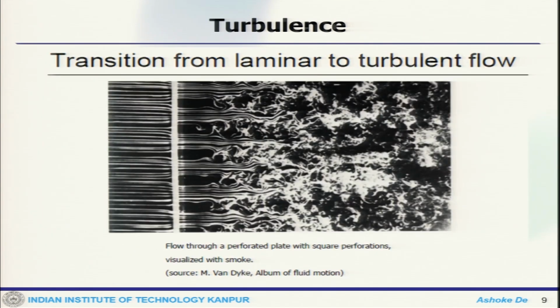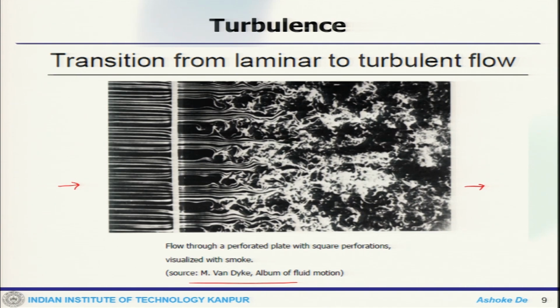Now, this is again a well known characteristic of turbulent flow. This is a flow through a perforated plate with square perforations and smoke visualization. These are the sources of these images, if you are curious you can look at them. The flow comes from this side and goes out from this side.